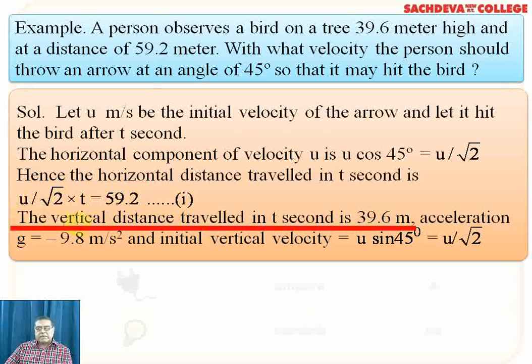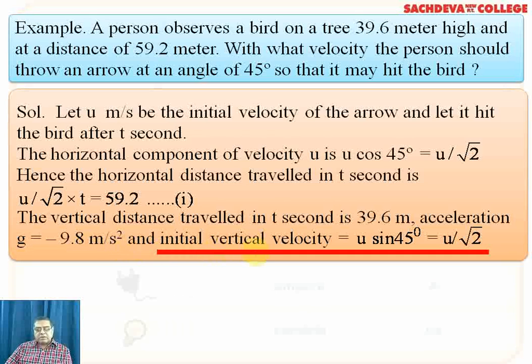The vertical distance traveled in t seconds is given in our question. It is 39.6 meters. For the vertical distance we are taking the acceleration due to gravity, the value of g. It is taken as minus 9.8 meters per second square. And the initial vertical velocity will be u sine theta.